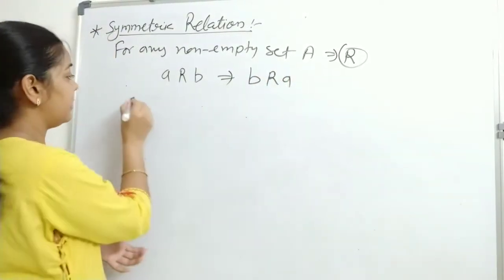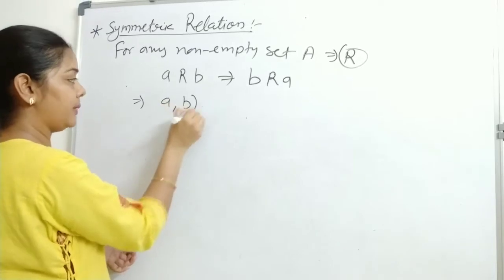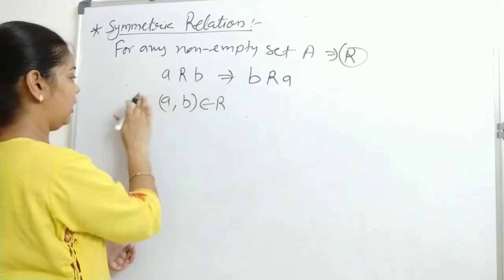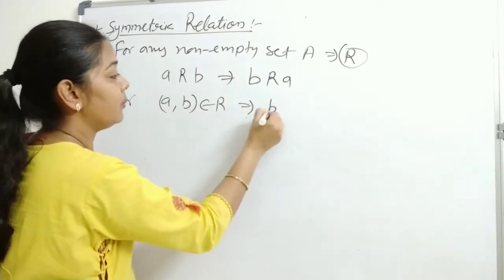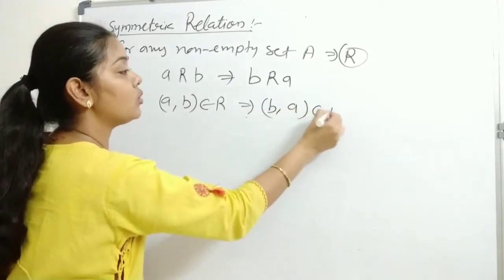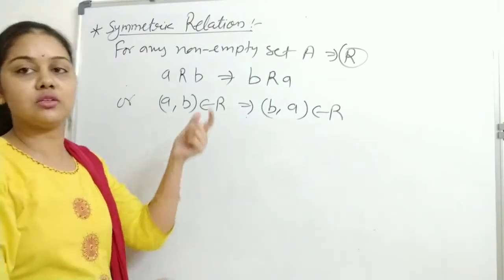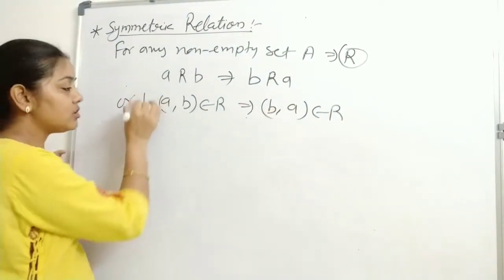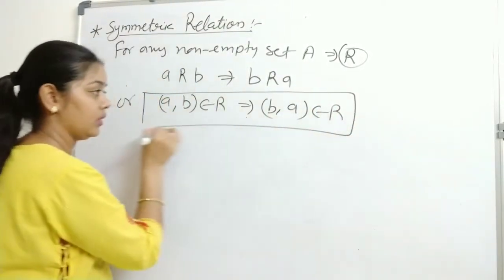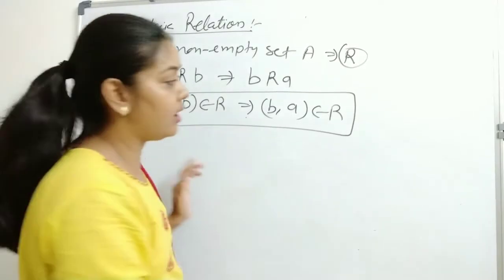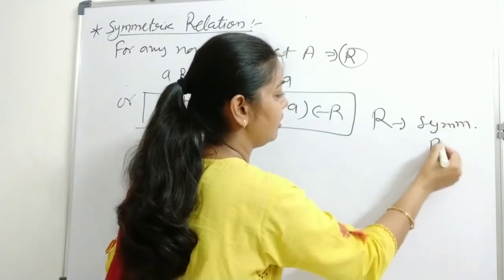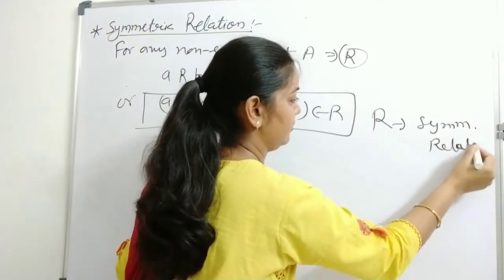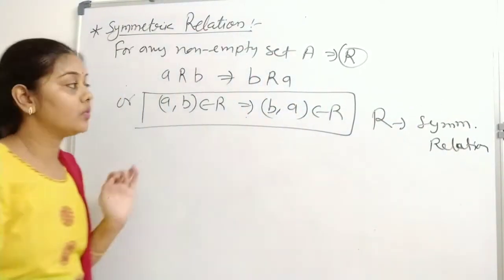It means I can say that if (a,b) belongs to R, then (b,a) belongs to R. If any relation R satisfies this condition, then R is called a symmetric relation.